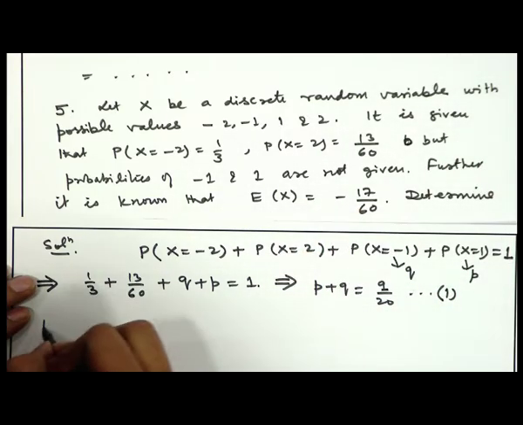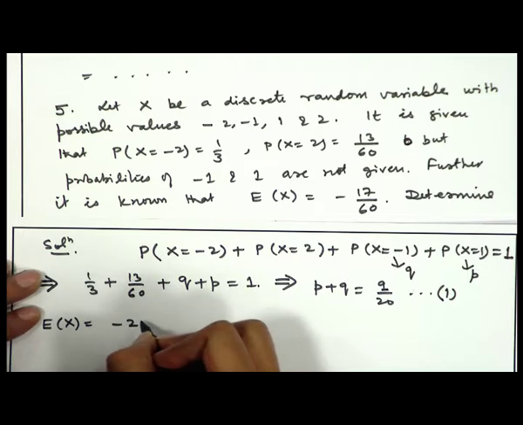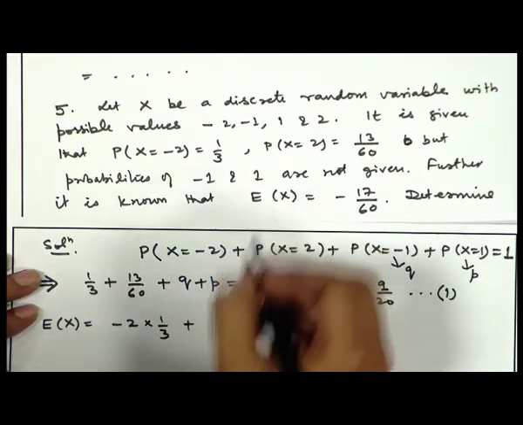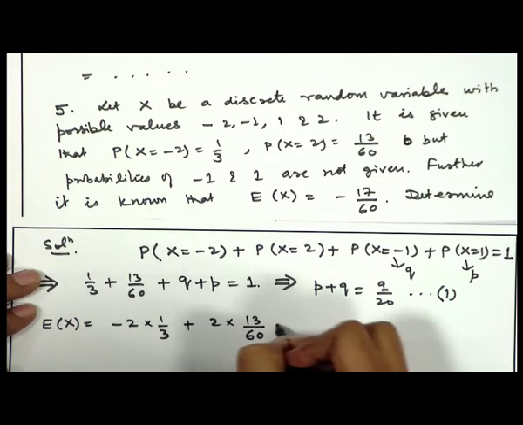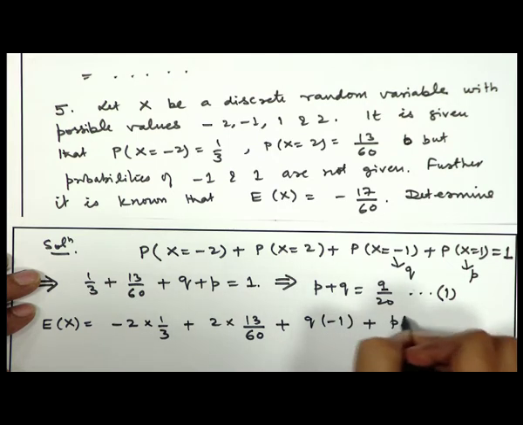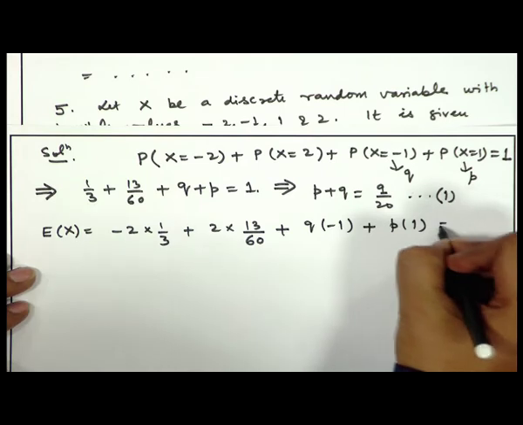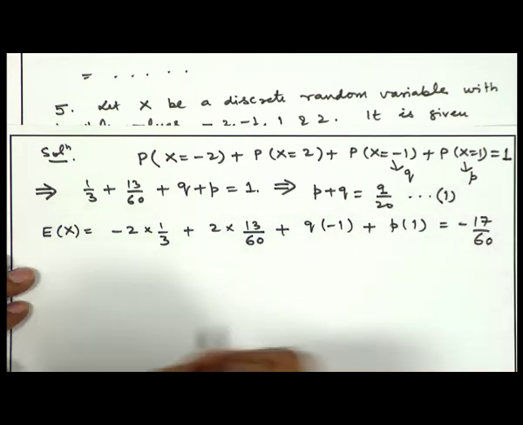Now, expectation formula if we apply, then it is -2 into 1 by 3, x can take value +2, probability is 13 by 60, plus q into minus 1 plus p into 1, that is equal to minus 17 by 60.